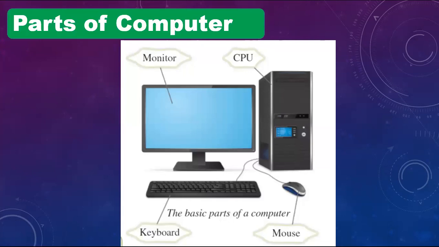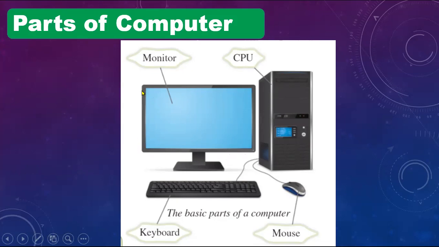So how many basic parts are there in a computer? There are 4 basic parts of a computer, right? You can see this is the screen. You can see all the results here, while playing games or printing papers, right?